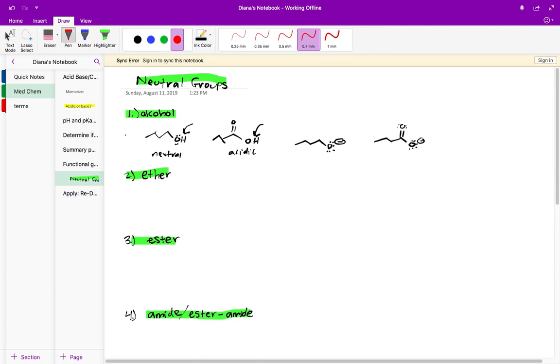In this one, I can easily draw a resonance structure that shows that this negative charge is actually delocalized between both oxygens, and that actually makes the structure really stable. You might be wondering, well, why does it matter if the structure is stable?